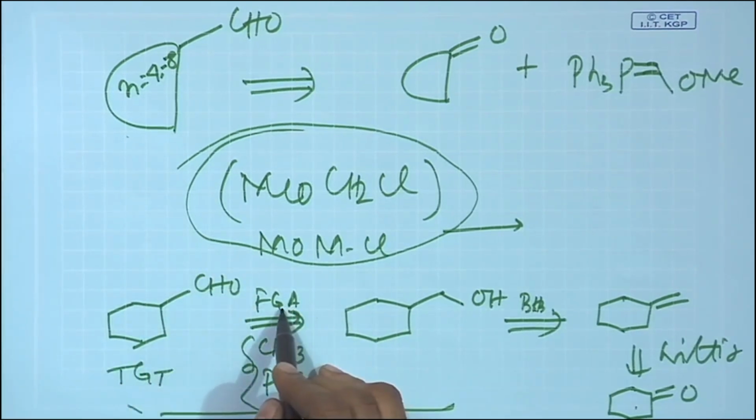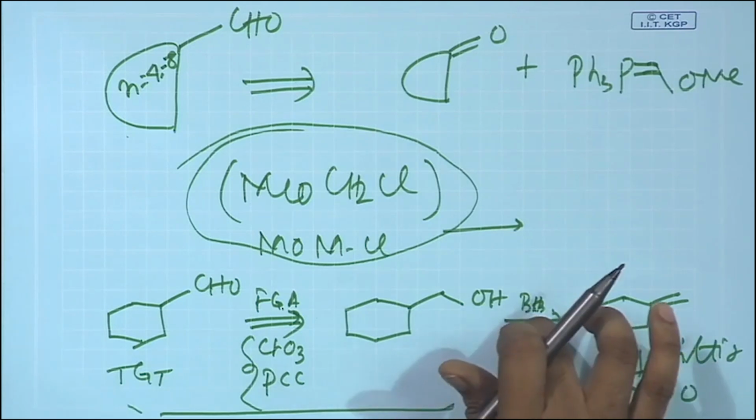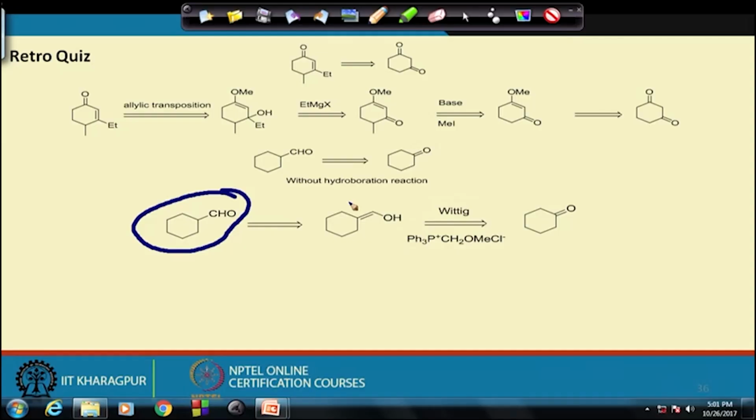So, you do a functional group addition here. In the hydroboration route we use the Wittig transformation and the oxidation. In the original problem, we use simply a Wittig reaction and a hydrolysis.